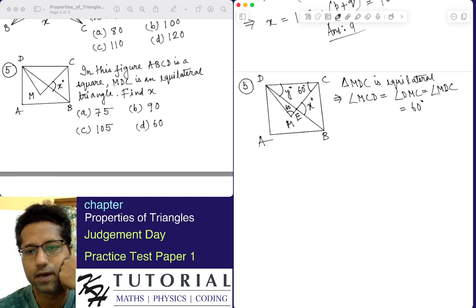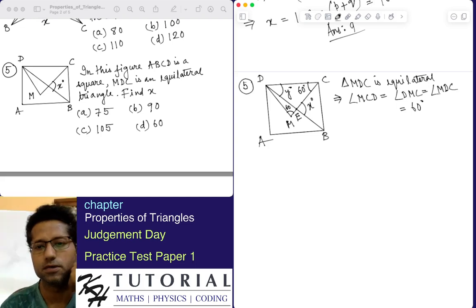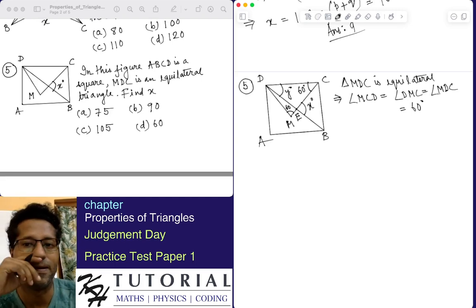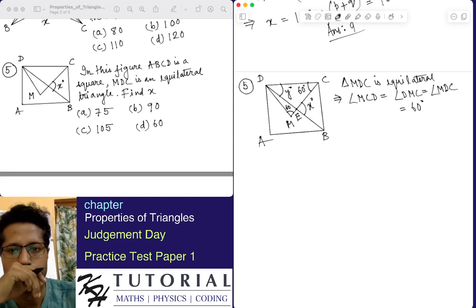If we can find y, then we can find x, because x is an exterior angle to the interior opposite angles 60 degree and y degree. How to find y?